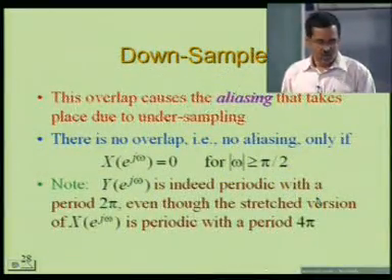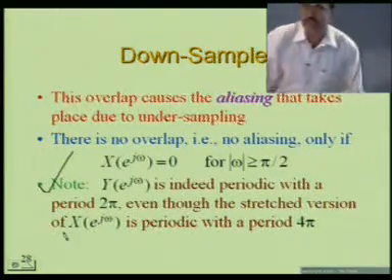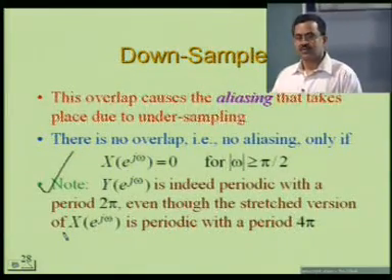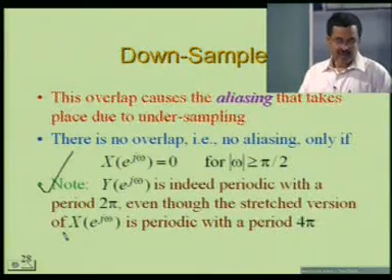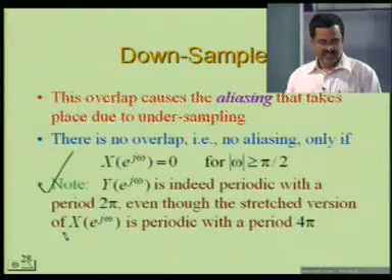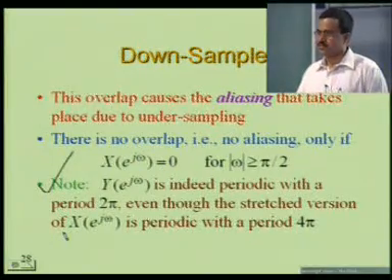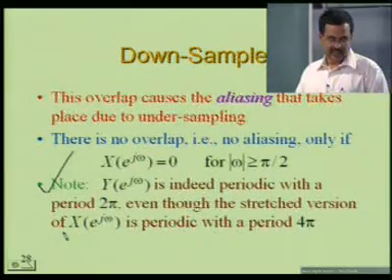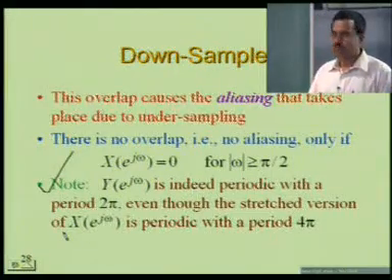Note Y(e^jω), this point is very important, we should take note of this so that things become clearer later on. Y(e^jω), the frequency response of the output sequence, is indeed periodic with a period of 2π, even though the stretched version of X(e^jω) is periodic with a period 4π.